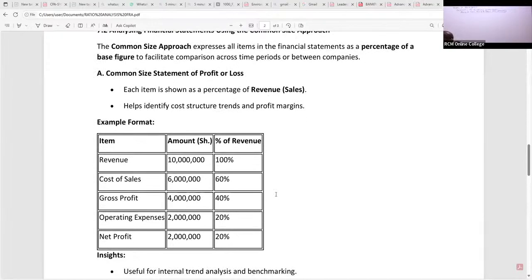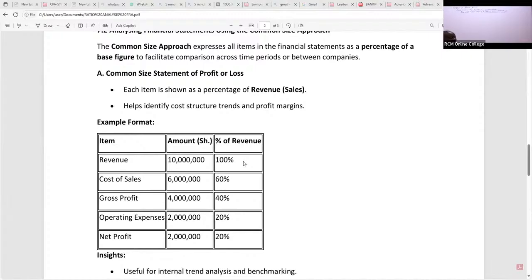And this is how we shall be doing this common size P&L. So if you're given a profit and loss statement, just a simple one like this, and they want you to do a common size profit and loss statement, what you will do, you will get all these values as a percentage of revenue, because revenue is your base.